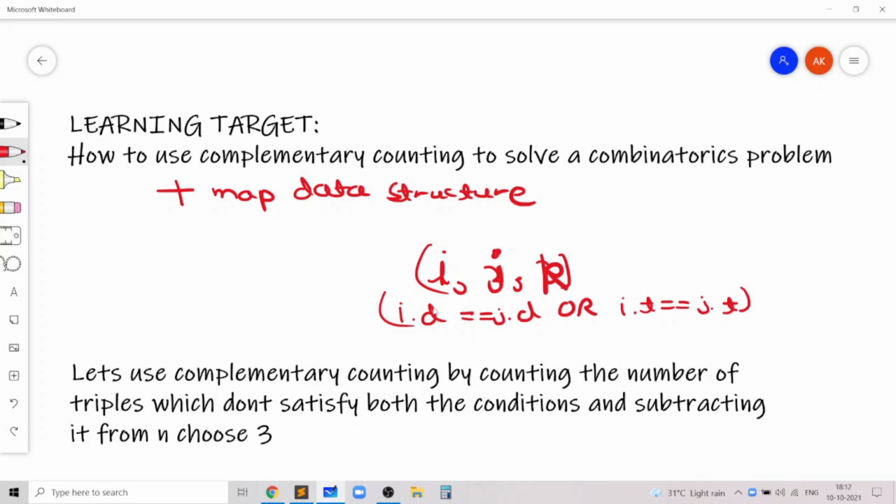This should be met, and the condition should be met that the difficulty level of j should be equal to the difficulty level of k, or the topic of j should be equal to the topic of k.